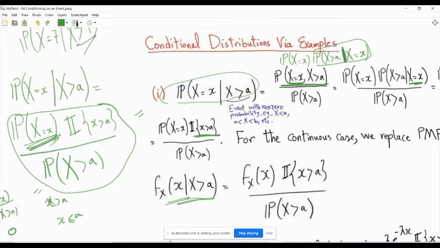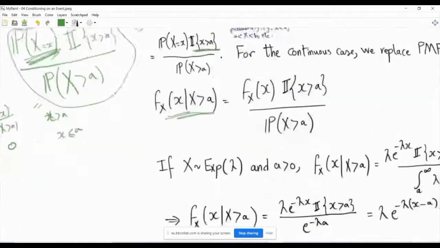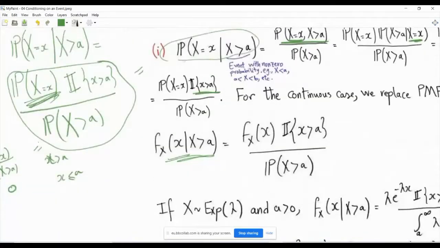But it's boring. You may start with the CDF, because the CDF has events that big X is less than or equal to small x, which has positive probability. But if you say big X, continuous, is equal to small x, that event has probability 0. So it's problematic. But it turns out that, again, the continuous case is the discrete case. So if this is the PDF of x given that big X is greater than a, then it is like this formula.